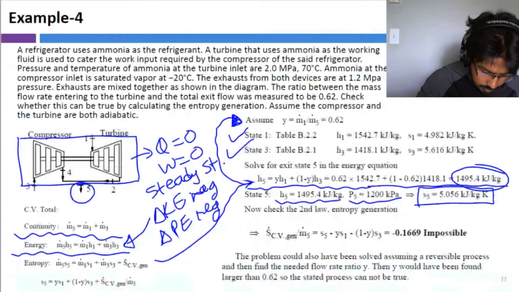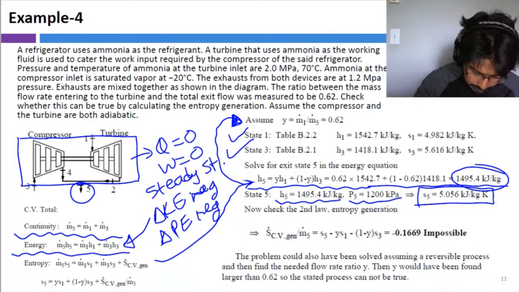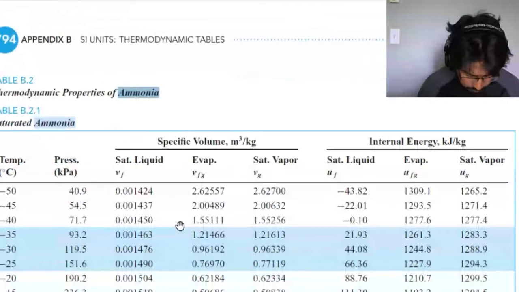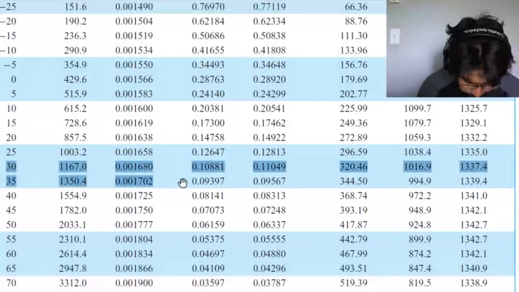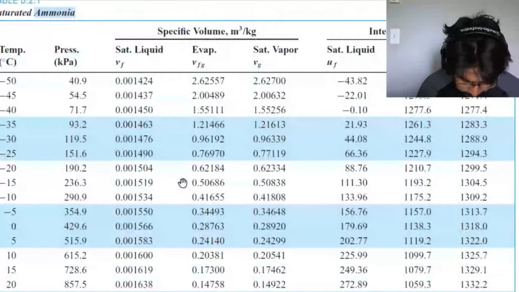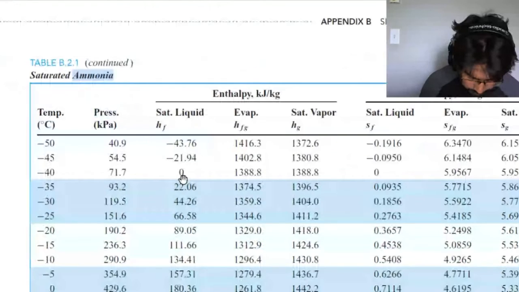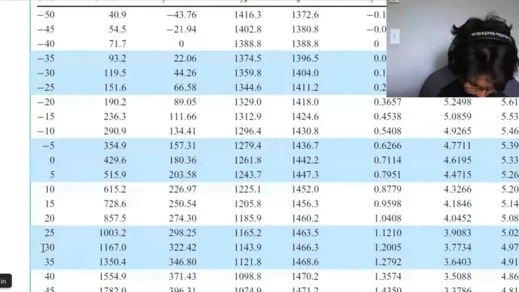What is the pressure? 1.2 megapascal or 1200 kilopascals, and 1495 enthalpy. Okay, let's try and go there. 1200, somewhere close to this range. And enthalpy, okay, for this we have to go to the other table. Okay, 1200, it should be somewhere here.